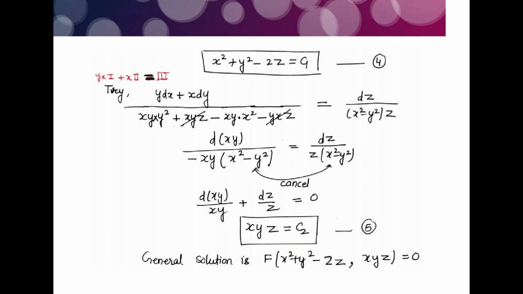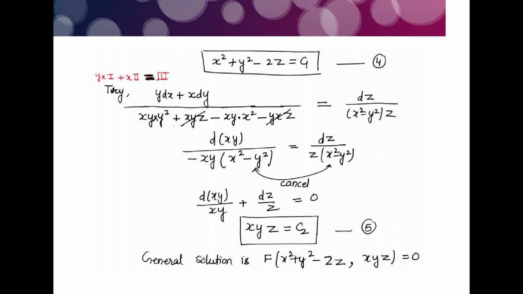If we simplify the denominator of this combination, I can take xy common, and finally with the differential of xy we have in the denominator minus xy into x square minus y square, and now I can compare this with the third ratio, that is dz upon z times x square minus y square. Cancel this term x square minus y square. Now we can integrate this easily, and the final second integral curve is xyz equal to c2, given by equation number 5.